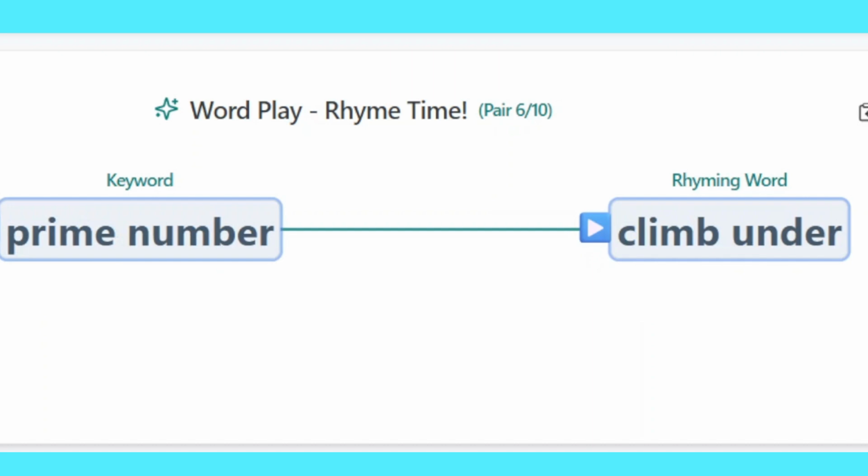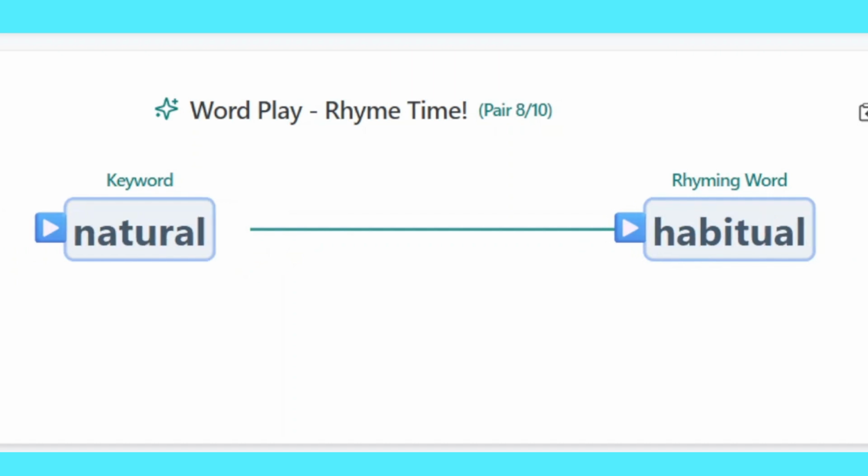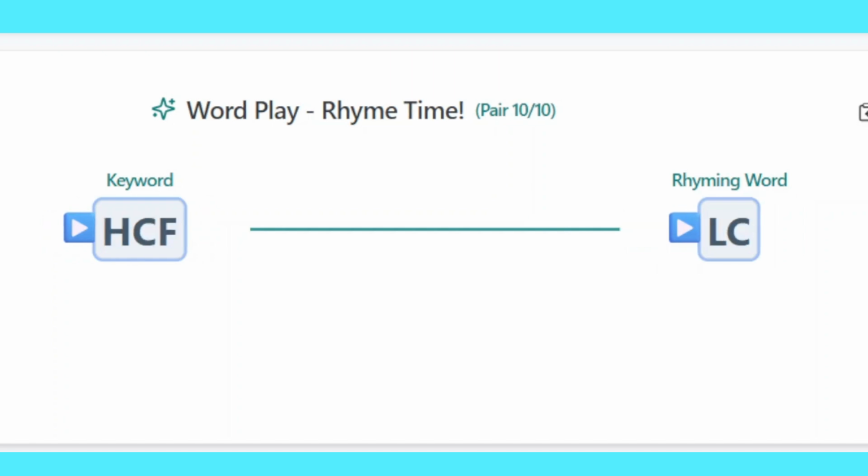Prime number. Composite. Natural. Factor. HCF. LCM.